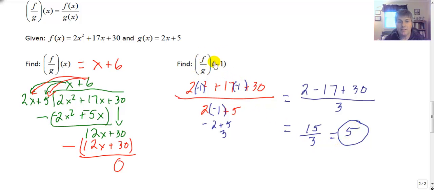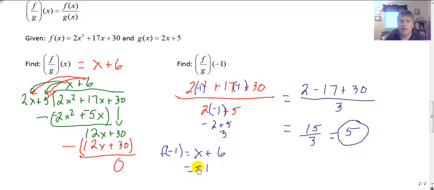However, the easier way to do this, I have f divided by g of negative 1. Well, didn't I already figure out what f divided by g is? So I could make my life easy here and just take x plus 6. That's really asking for x plus 6 at negative 1.